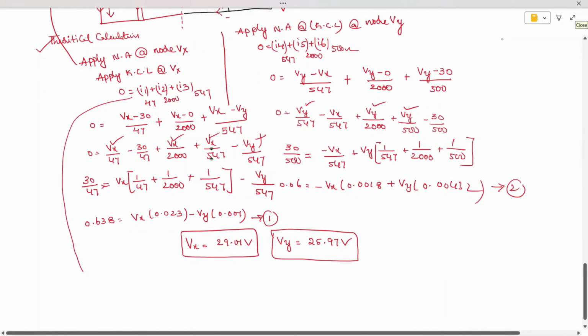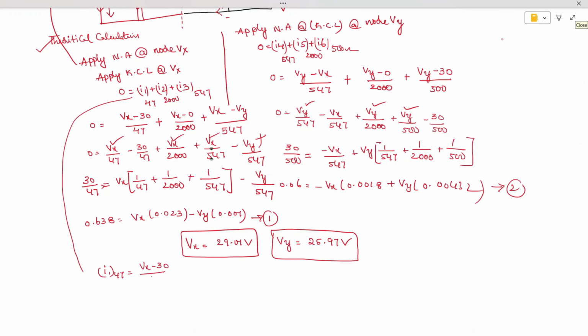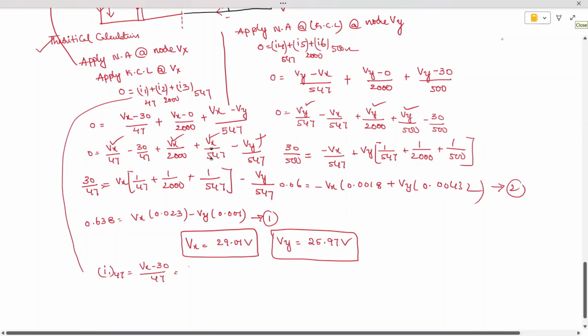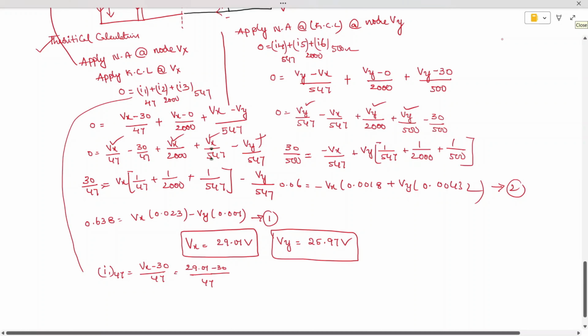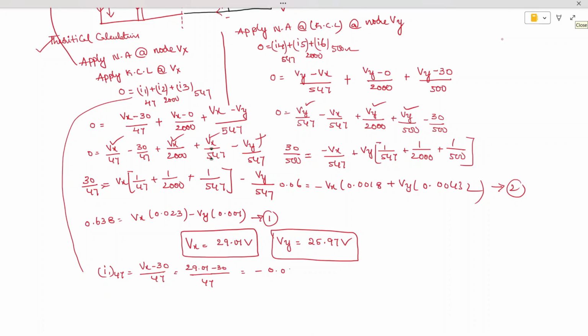So what is the current I1 across 47 ohms? Already we had done. This is Vx minus 30 divided by 47, so 29.01 minus 30 divided by 47. If you perform it, you are going to get minus 0.02106.